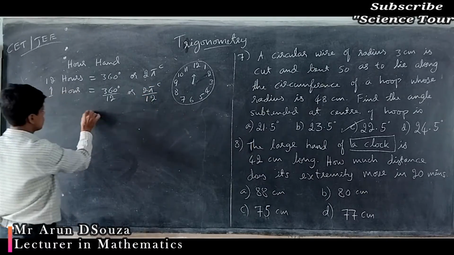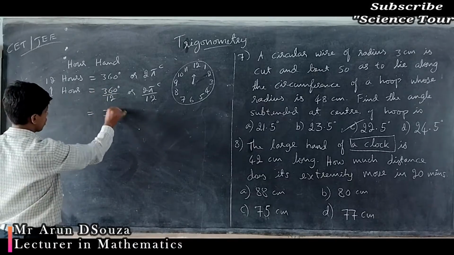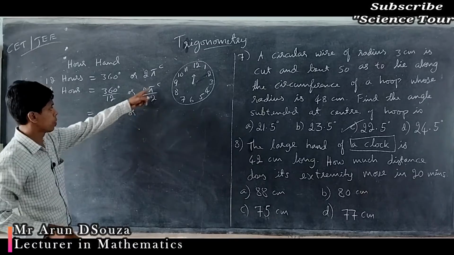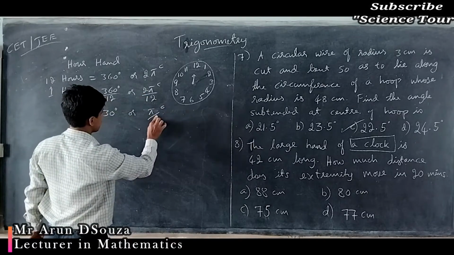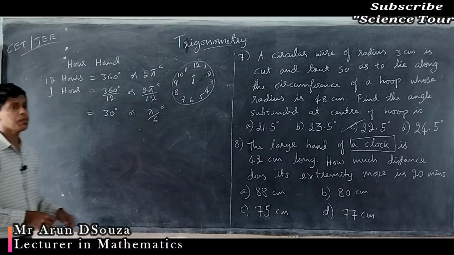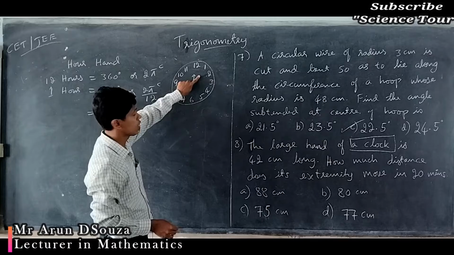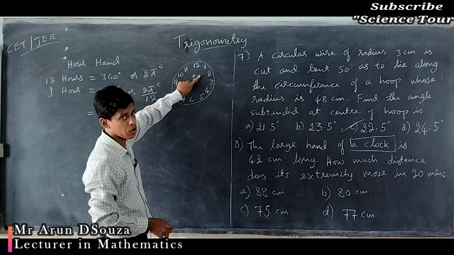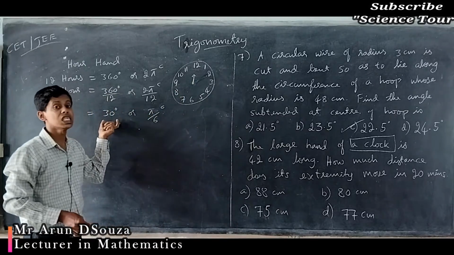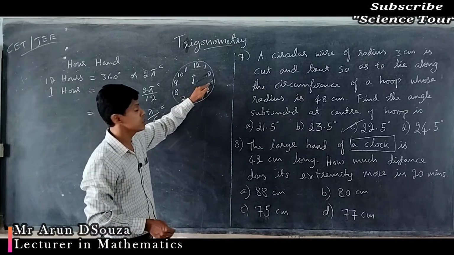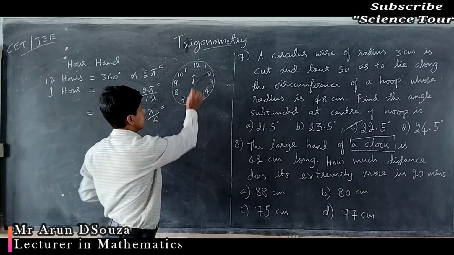So what is it? 12 ones are 12, 12 threes are 36, so 30 or it is pi by 6 radian. So that's the angle made by the hour hand in 1 hour. That means from 12 o'clock to 1 o'clock, the angle made by the hour hand is 30. So if it is 3 o'clock, so 12 to 3, that is totally 90, correct?